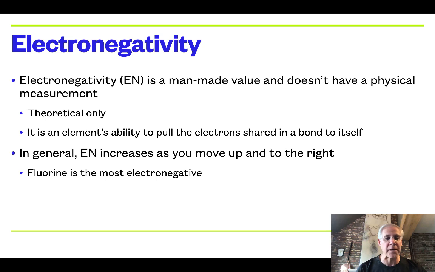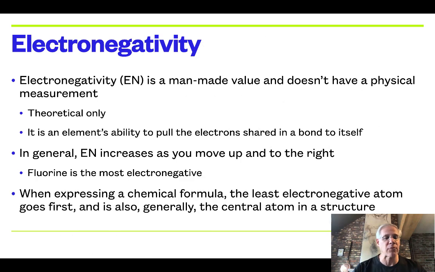So if we ignore helium because we have no known helium compounds, fluorine is the most electronegative atom we have, and in the most common set of values we use to assign electronegativity, fluorine would have a value of 4.0. So we can look at a table of what that's going to look like here in just a little bit.